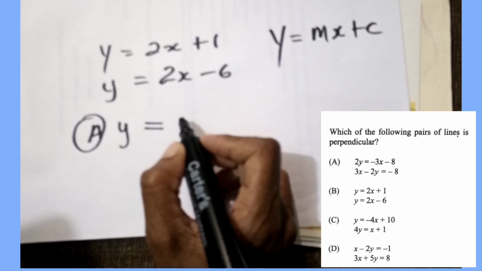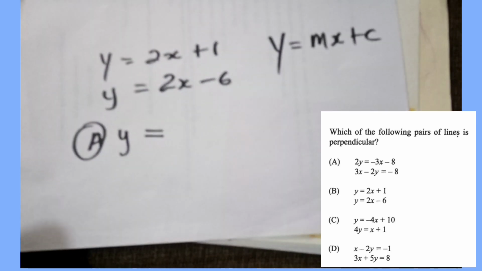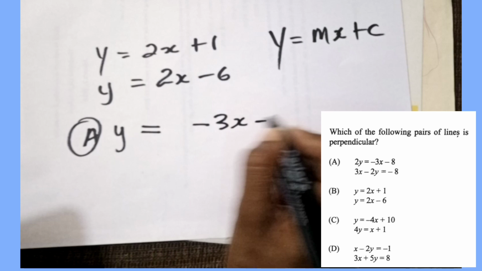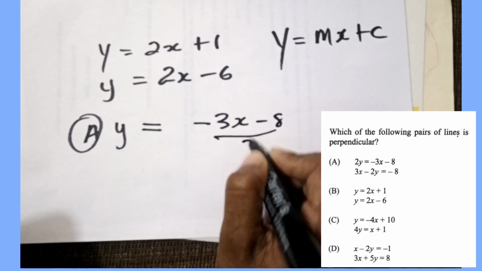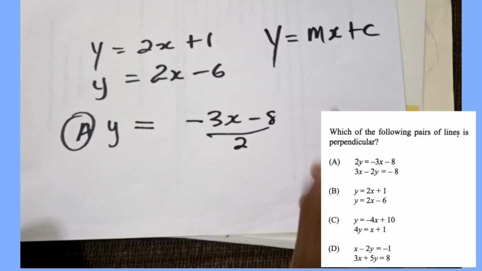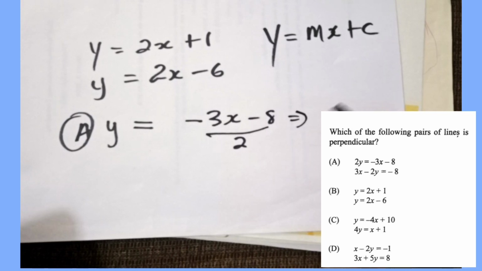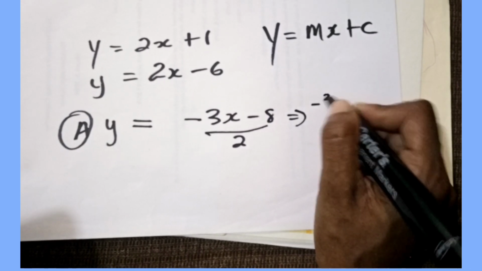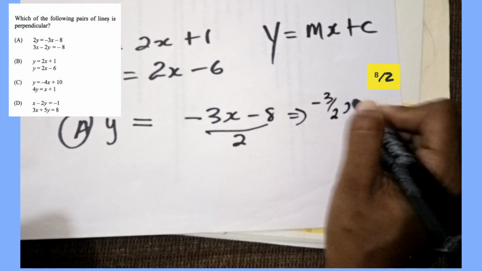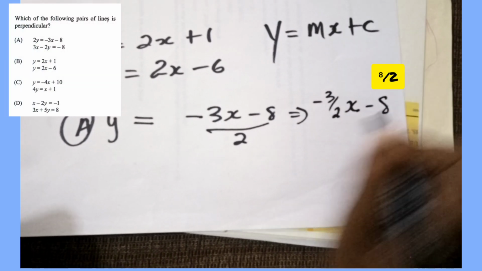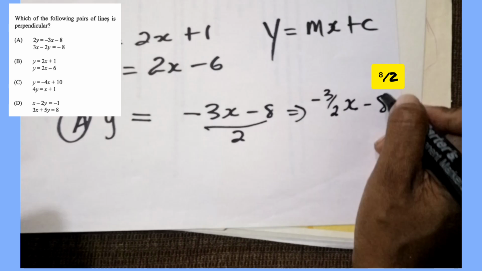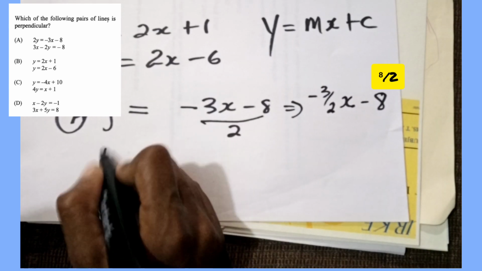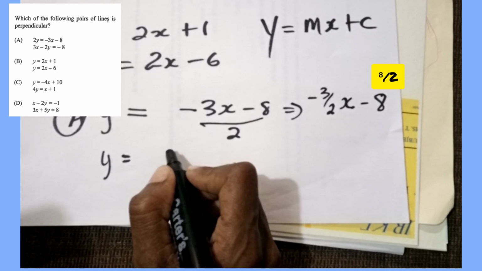So we check in A. A is not written in the form y equals mx plus c, so we have to make sure that we change it. So we take over the 2 and the first equation becomes negative 3/2 x minus 8.